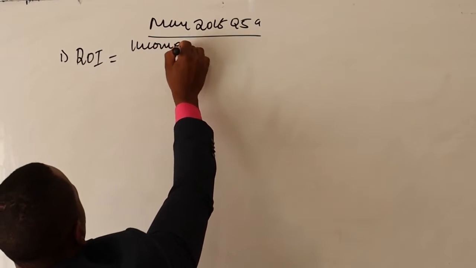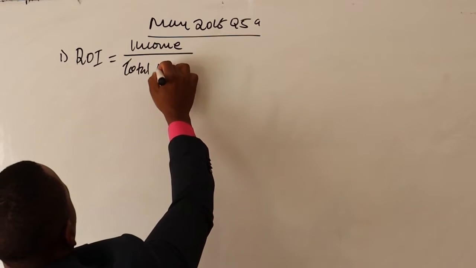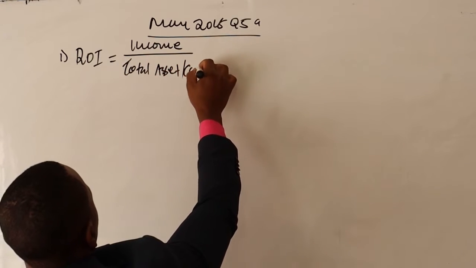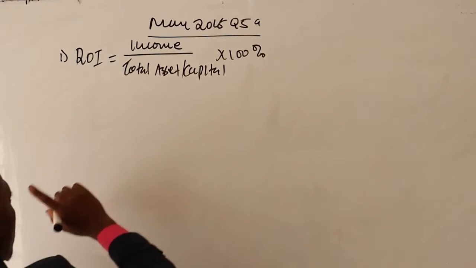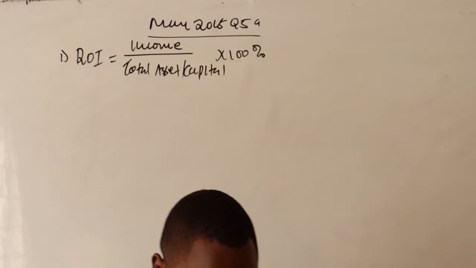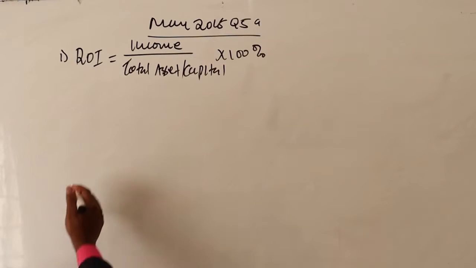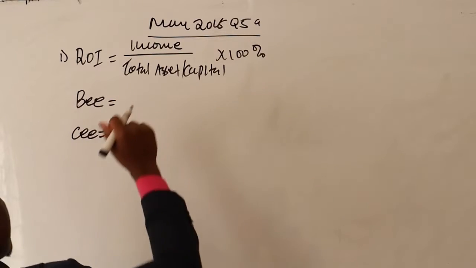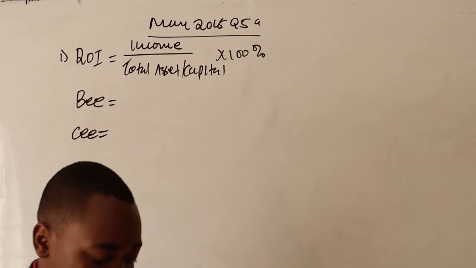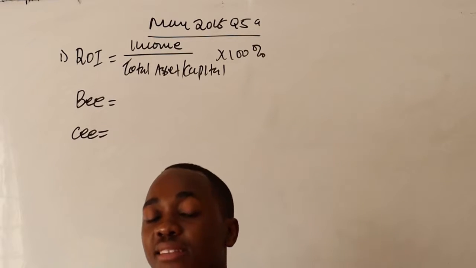It is the income, and we said the income is the same as profit, divided by the total assets, and whenever you don't have the total assets, you take the capital, times 100. Then we have two projects here, project B and C. So how do we determine our income? Most of the students fail this question because they use revenue as the income.